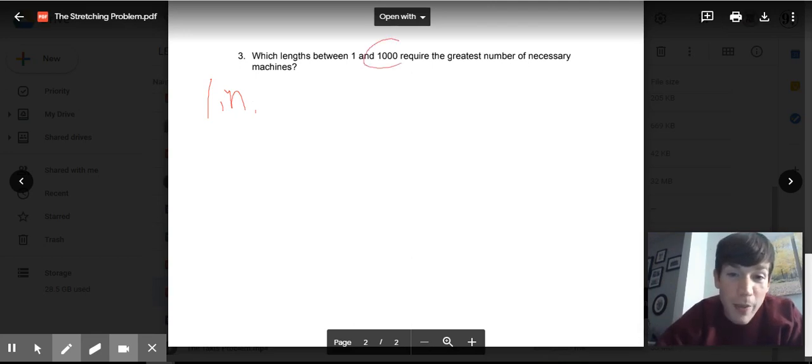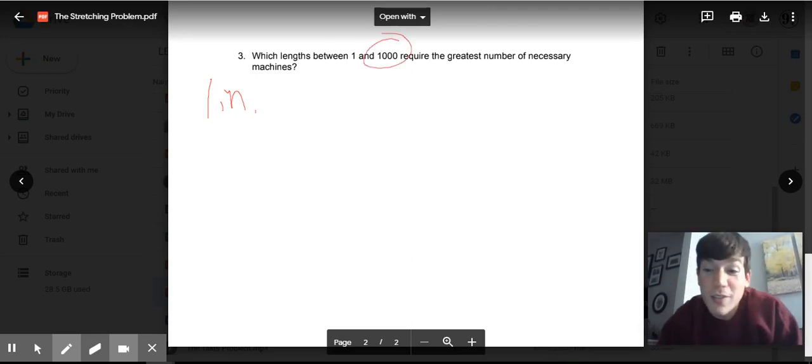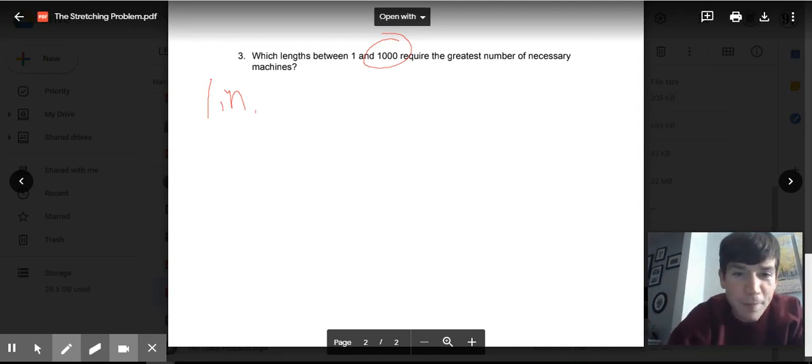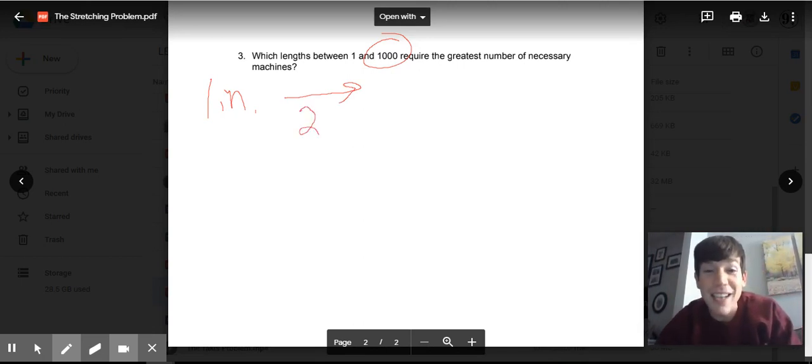My suggestion would be to look for a number that's as close to 1,000 as you can get. I'll give you a hint here. What I first tried to do was go through machine 2 as many times as possible until I got as close as I could to 1,000 without going over, and that number would require a bunch of machines.